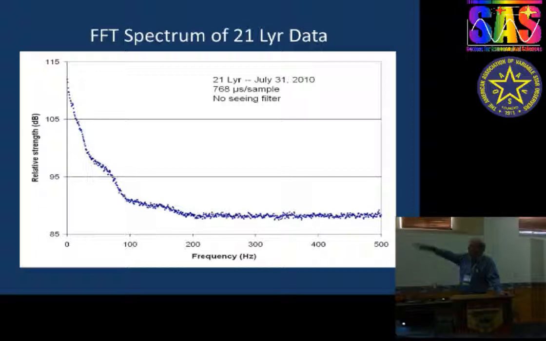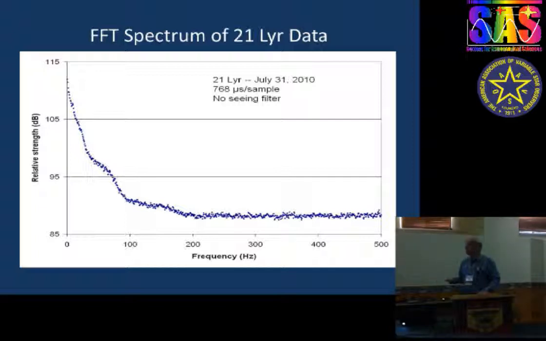And then the floor is determined by shot noise, and that's a constant level. It doesn't matter how far out you go, you have a constant level of noise. That's why it's also known as white noise. It's frequency independent once you get rid of the signal, which is the atmosphere in this case.